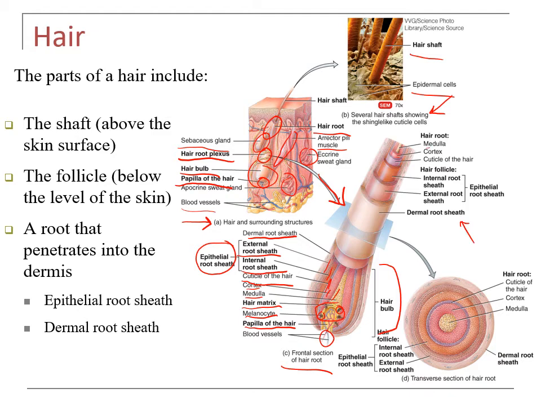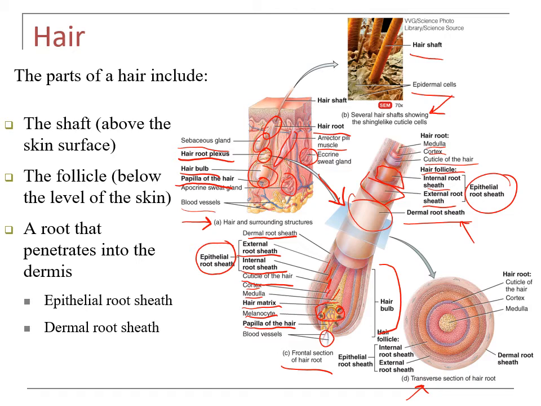here we have the medulla, the cortex, and then the cuticle of the hair, right? And then, like we said, the hair follicle is made up of the internal root sheath and the external root sheath. Together they make the epithelial root sheath, and outside we have the dermal root sheath. And finally, if we look at the figure on the right, we have a transverse section of a hair root.